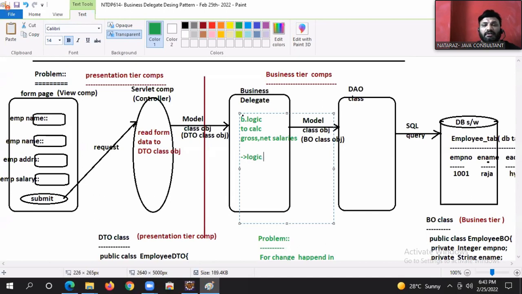Next, logic to prepare BO class object having inputs plus gross salary, net salary.